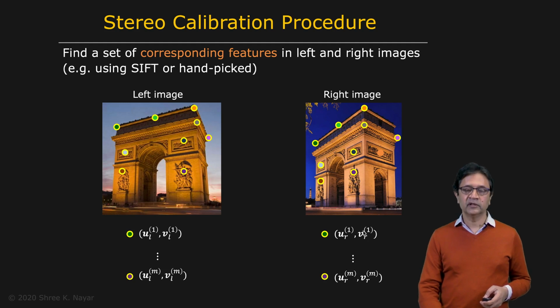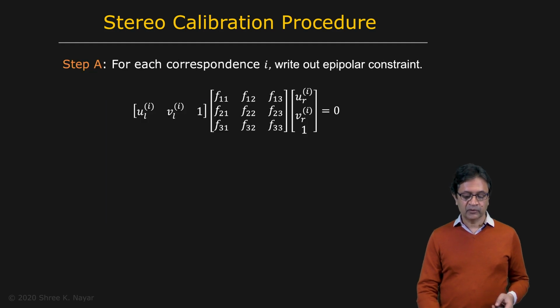And let's take one of these corresponding features, pairs of image coordinates in the left and right images. And we're going to plug those into our epipolar constraint, which is right here.